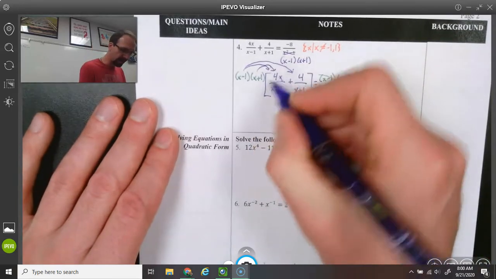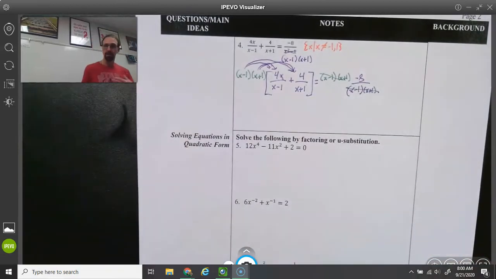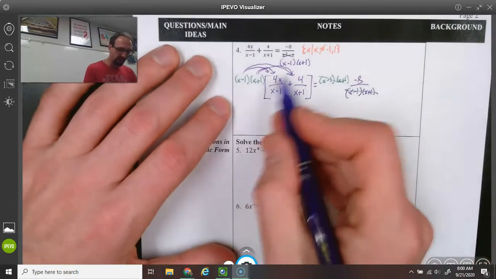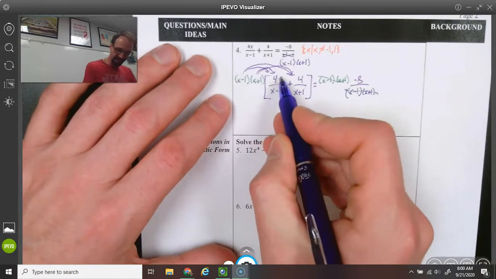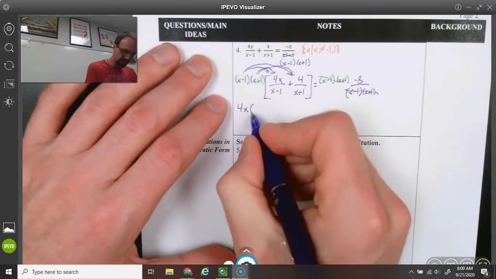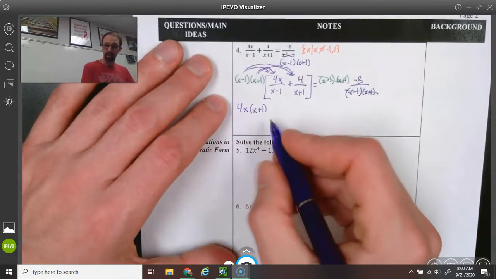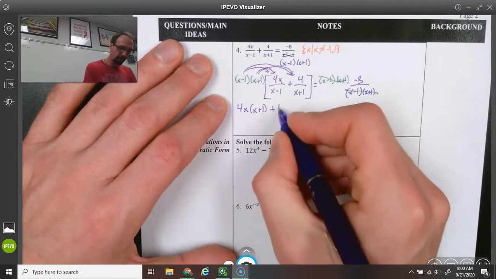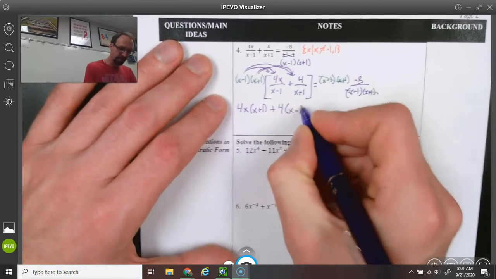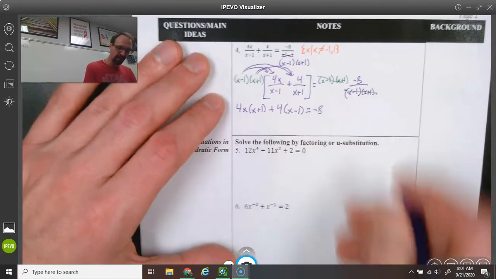On this side, it will produce a result, but on the other side, it does cancel. Going through and multiplying, on this side I'm going to have 4x times x plus 1, and then those x minus 1 parts cancel, plus 4 on this side times x minus 1. And then on the right-hand side, those all cancel out. You're left with just negative 8.